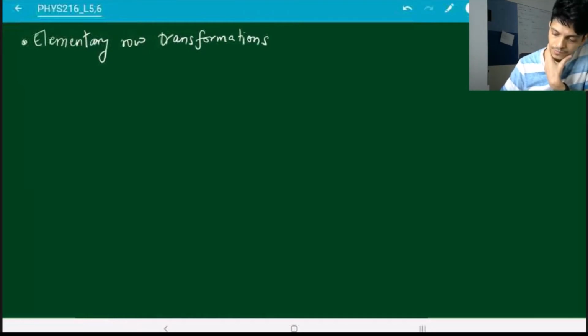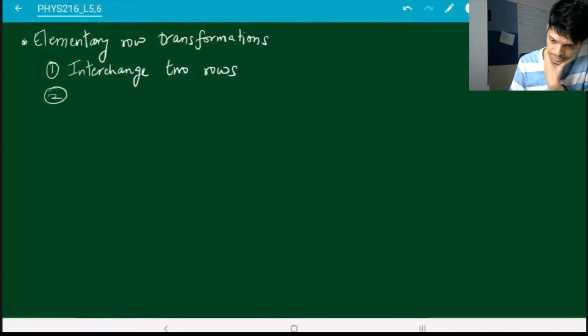And these row transformations are the following. There are 3 of them. First is you are allowed to interchange any 2 rows. The second one is that you can scale a row by some constant, which means you multiply the entire row by some number. And the third is that you can add one row to another.